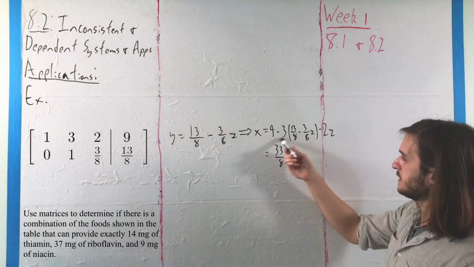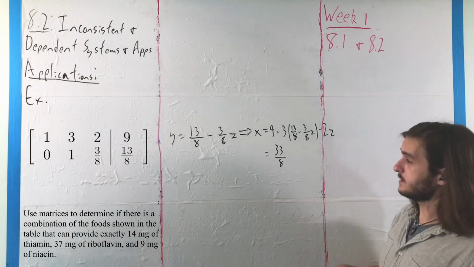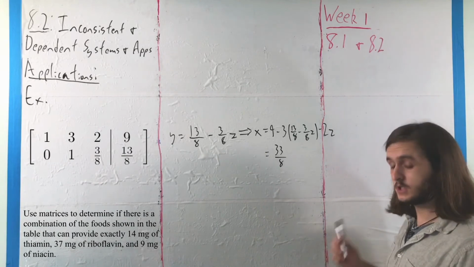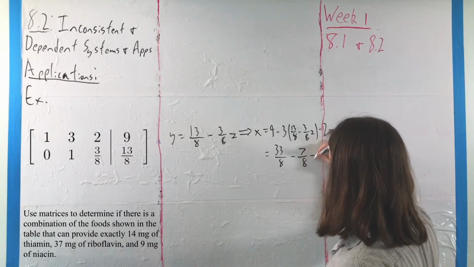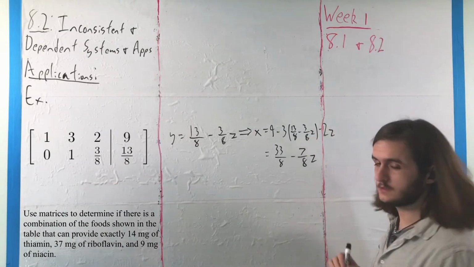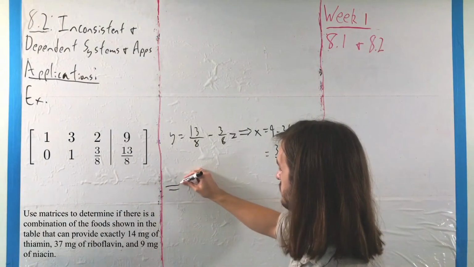And then here, negative 3 times negative 3/8 becomes positive 9/8, but minus 2 leaves minus 7/8 z.